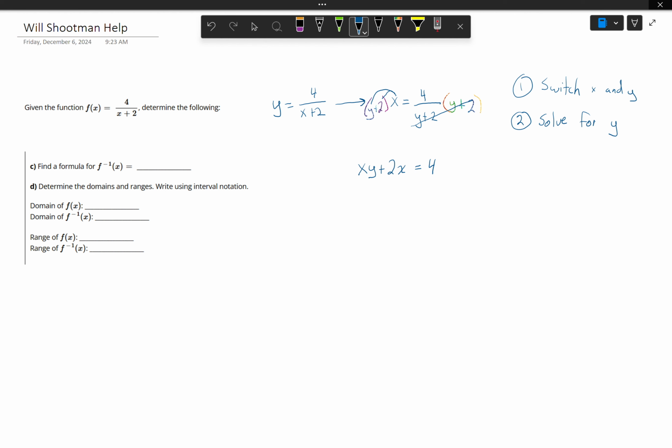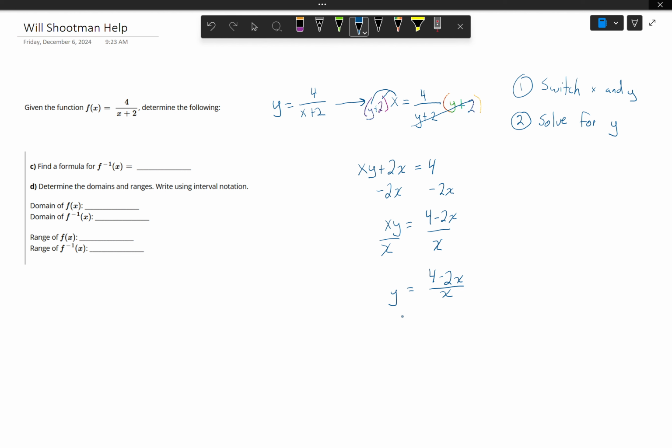So remember, again, I'm solving for y. So I'll subtract the 2x onto both sides. So I get xy equals 4 minus 2x. I'll divide both sides by x. So I end up with y equals 4 minus 2x over x.